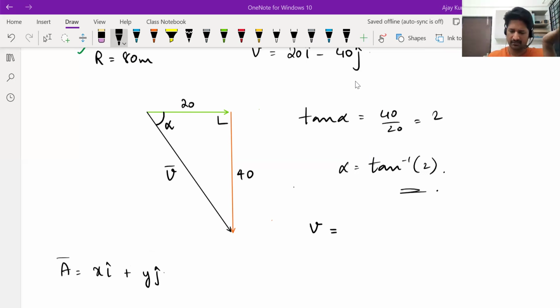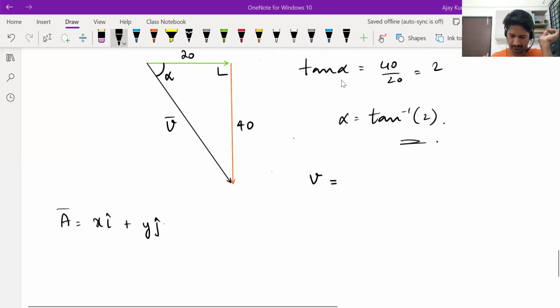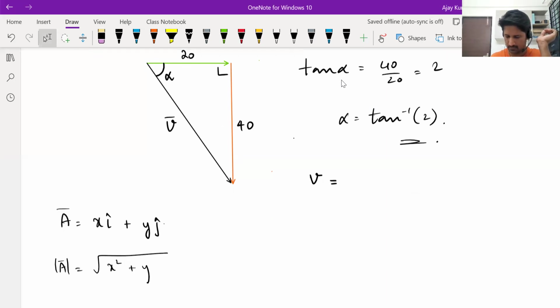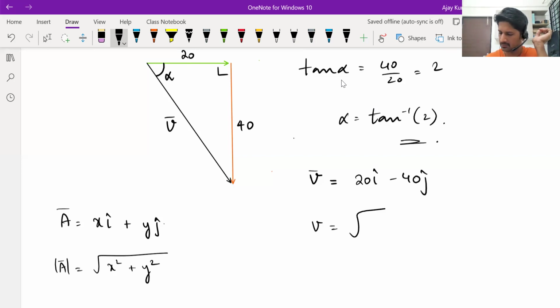Let it be. We know that for a vector like this, the magnitude is root of x square plus y square. So in this case, the velocity vector is 20 i cap minus 40 j cap. Its speed becomes root of 20 square plus 40 square, root 2000. You can simplify it. Simplification you do.